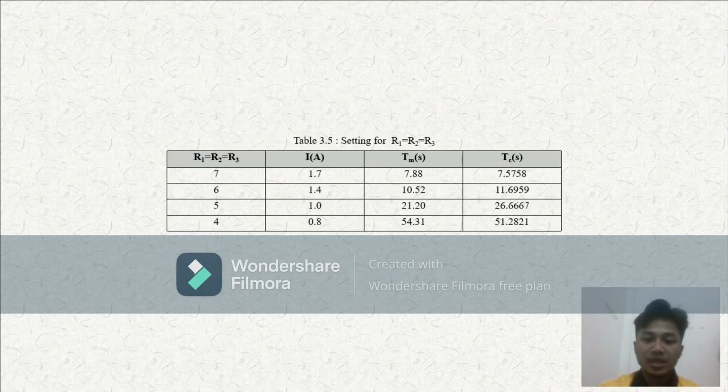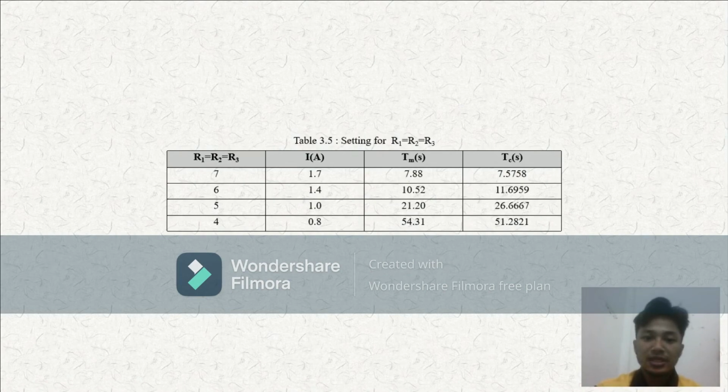Both of these increase, which emphasizes the relationship between R and the time to trip: whenever R decreases, the time increases. So their relationship is inversely proportional.